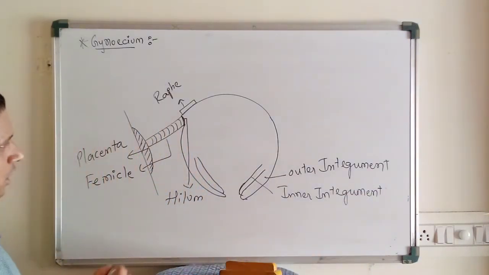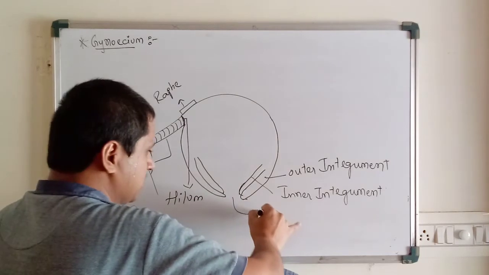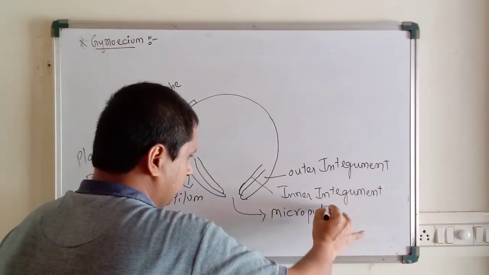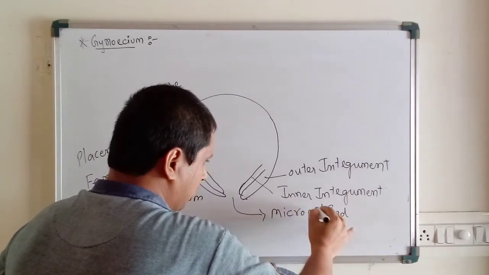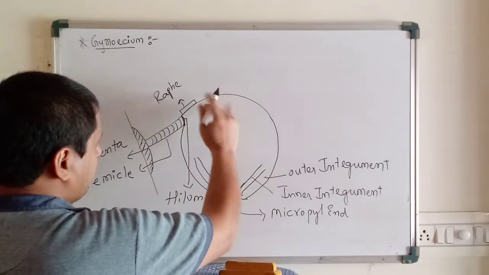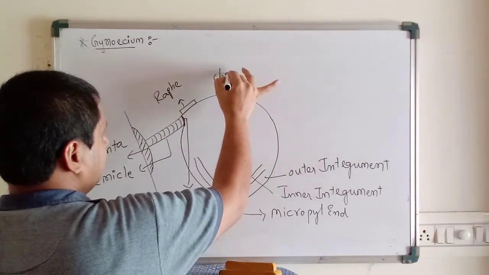Now, the end which is opening over here is the micropyle end, or the micropylar end. And the end which is opposite to the micropyle end is known as the chalaza.